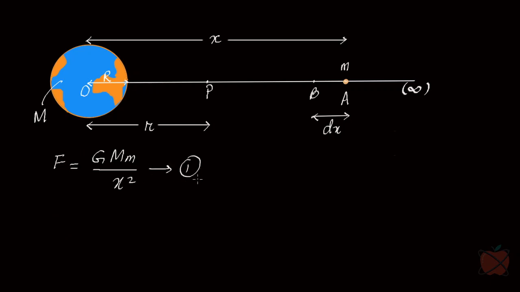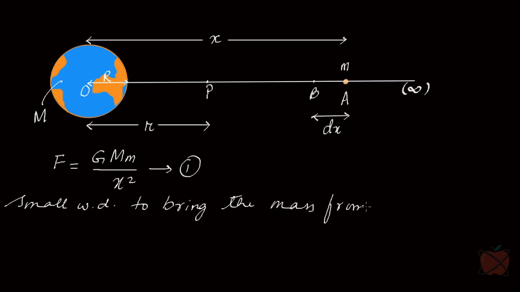Then we need to find the work done to bring the body from infinity to point P. To do that, we first have to find the small work done, dW. So what is that small work done? Small work done to bring the mass from A to B is dW.